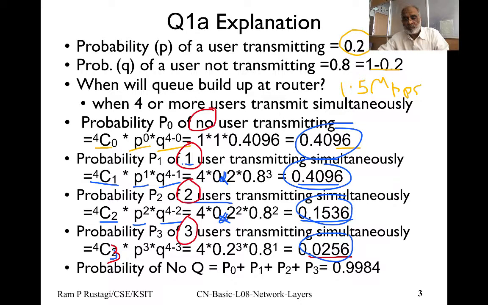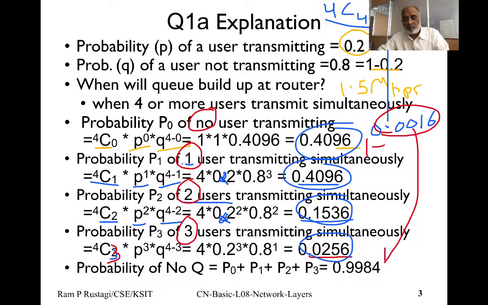The probability of exactly 4 users transmitting would be given by 4C4, P raised to power 4, Q raised to power 0, and if you compute, this value will come to 0.0016. And queuing will occur only when 4 users transmit. So the probability of no queuing would be 1 minus this number, and the answer would come out to be the same.